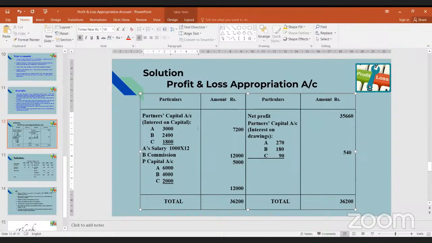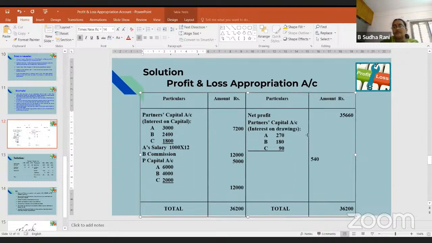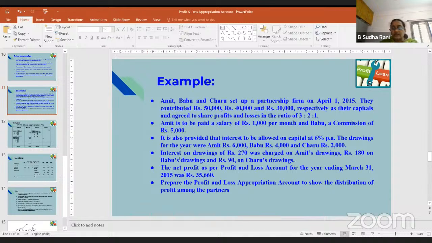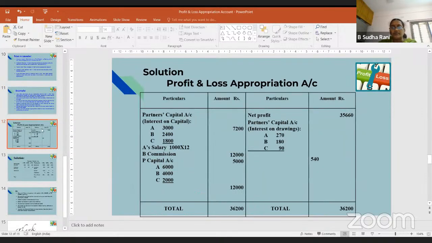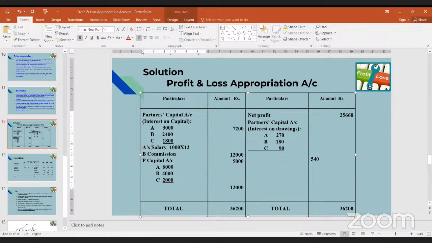Understood now? And commission, ma'am. Commission also. The next one is what? Next one is in the question. Is it commission? Everything, you are supposed to write partner's capital only, in the brackets. You should write capital account for salary.